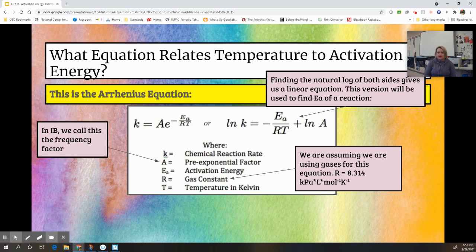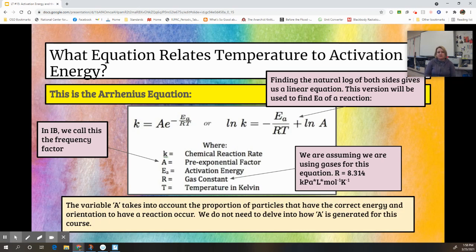So in my little slide here, A is called the pre-exponential factor, but in IB, we actually call this the frequency factor. The frequency factor takes into account, doing a lot of calculus, the proportion of particles that have the correct energy and orientation to have a reaction occur.